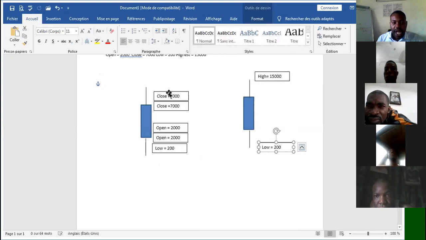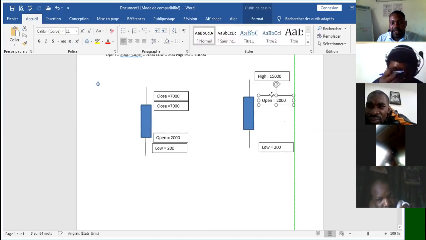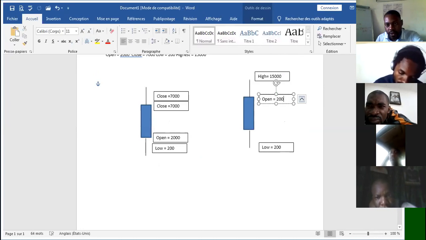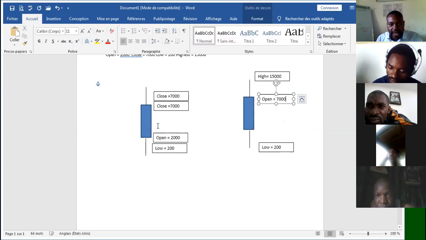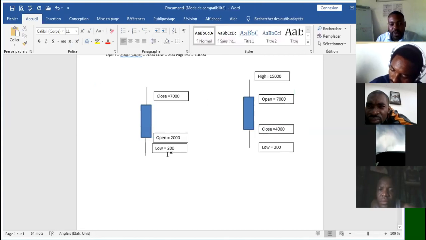But now our open price, instead of 2,000 francs, is 7,000 francs. And then our close price now is 4,000 francs. Okay, that is our close price now.